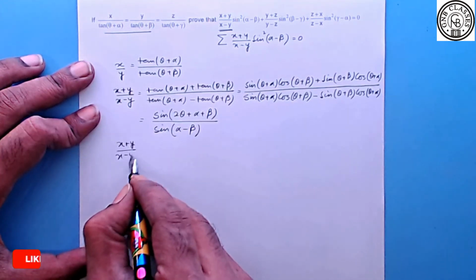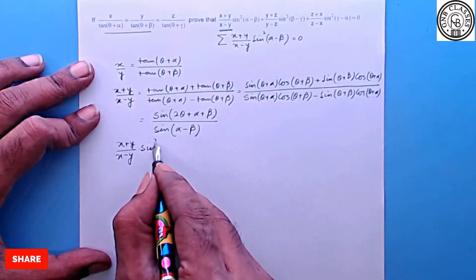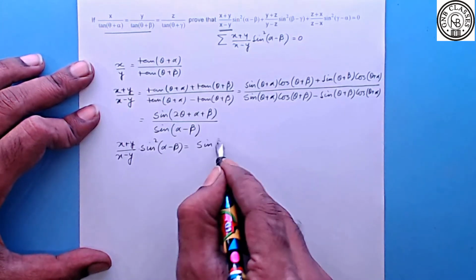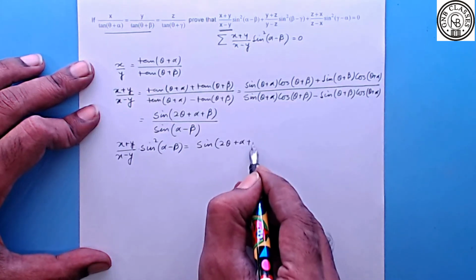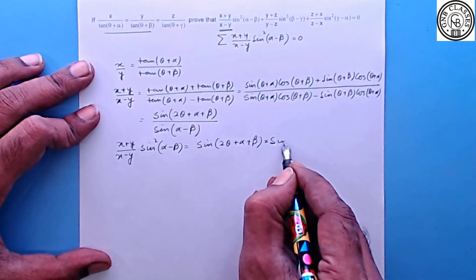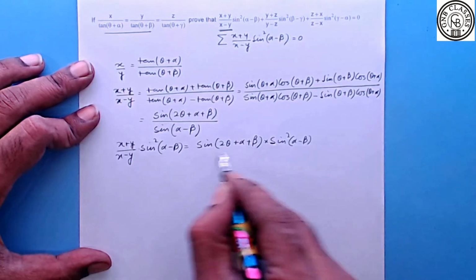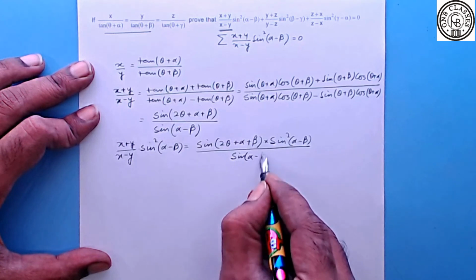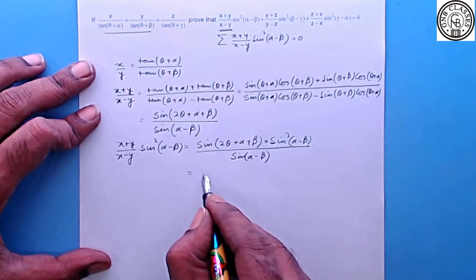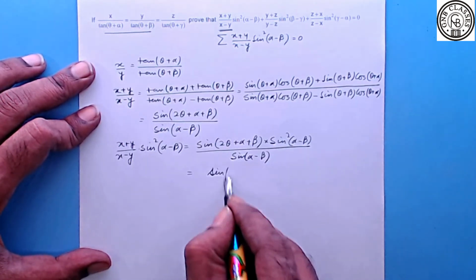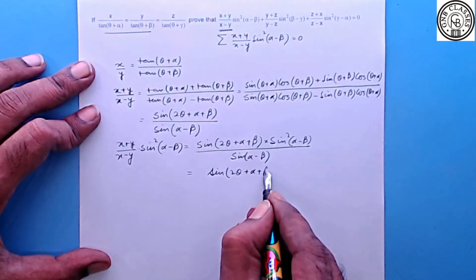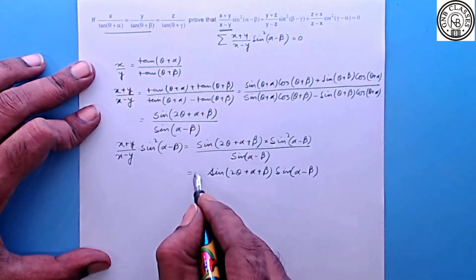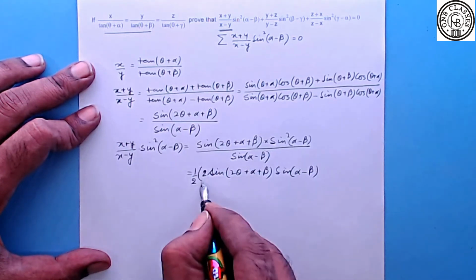x plus y by x minus y into sine square alpha minus beta gives you what? Sine 2 theta plus alpha plus beta into sine square alpha minus beta divided by sine alpha minus beta. Now you cancel, so we are left with sine 2 theta plus alpha plus beta into sine alpha minus beta. Now you take a half common and give a 2 inside.